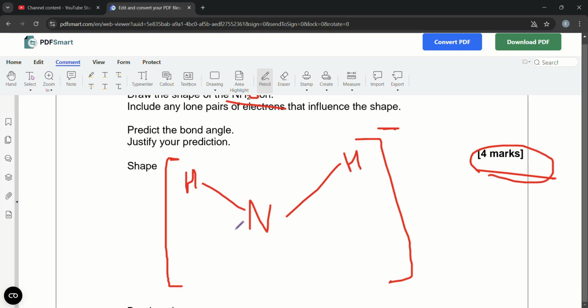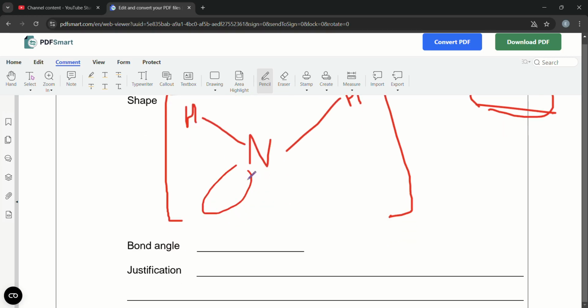Yes, it will. It will have 2 lone pairs of electrons. Nitrogen is in group 6, pretty sure. Double check now. What group is nitrogen in? No, it's in group 5.